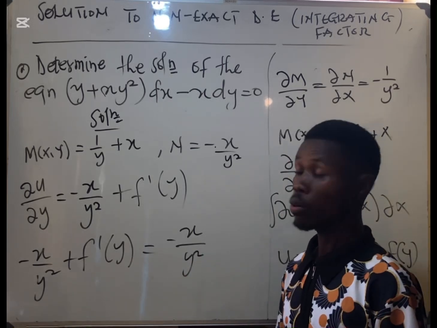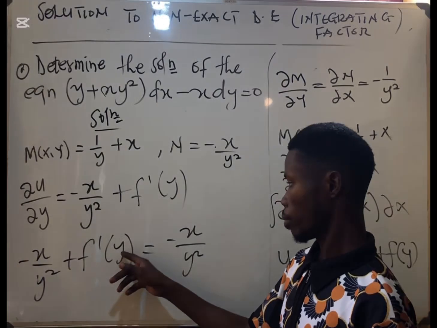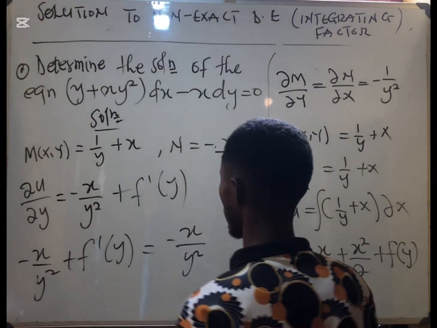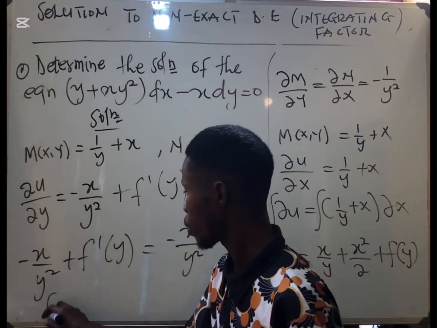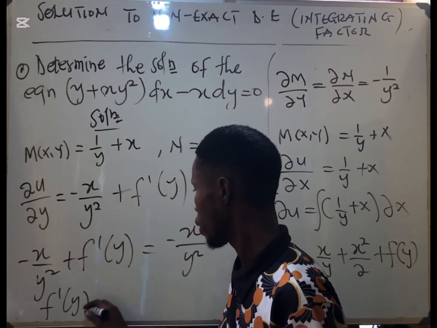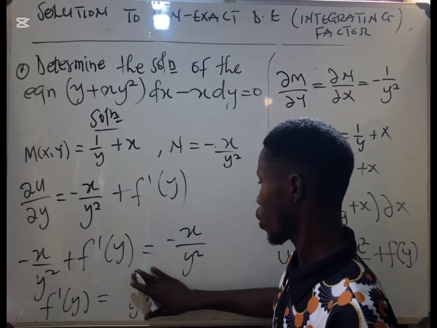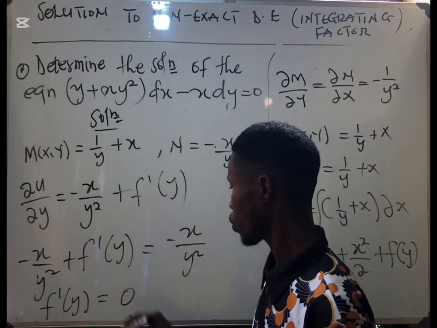The reason is that we are doing all this in order for us to be able to find the constant, the f of y. So let's make f prime of y the subject. If I do that, I'm going to have f prime of y equal to negative x over y squared minus negative x over y squared. I don't even need to write it, because if I bring this one here, it becomes 0. So it equals 0.